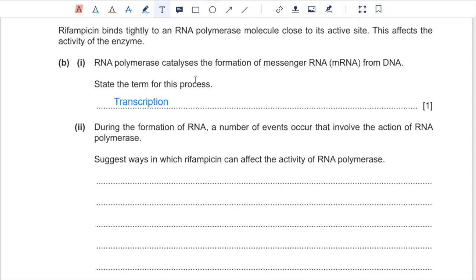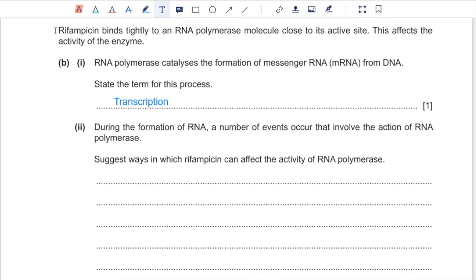So RNA polymerase builds phosphodiester bonds between RNA nucleotides, and the way it forms them is that the RNA nucleotides bind to the active site in the enzyme. We need to recall what we learned in the enzyme topic. We learned that enzyme activity can be inhibited by two types of inhibition, competitive and non-competitive.